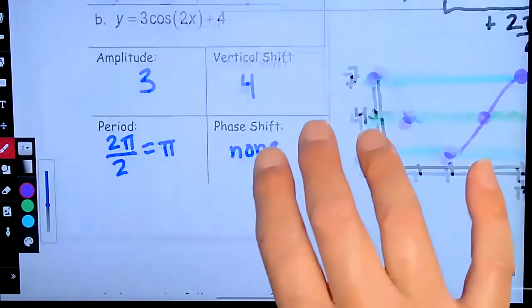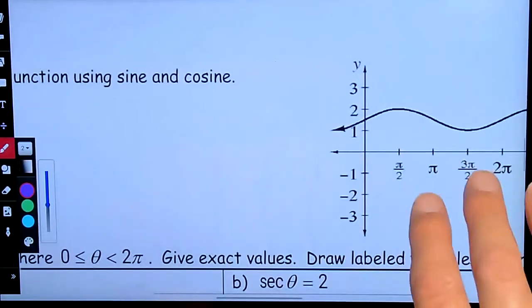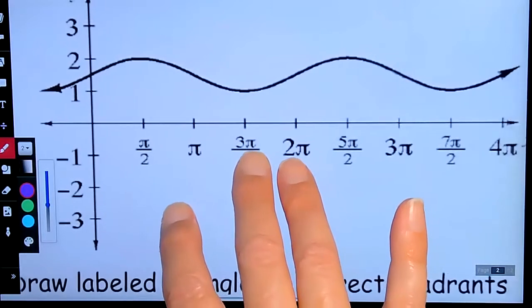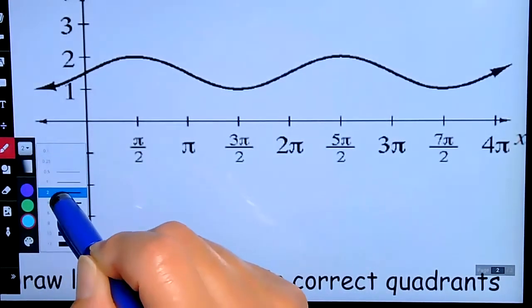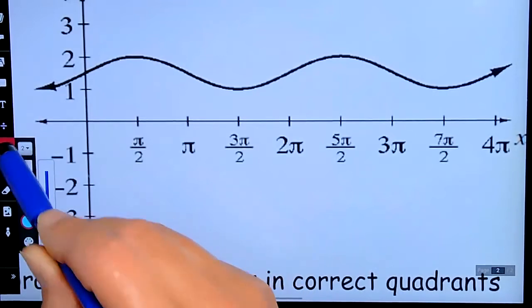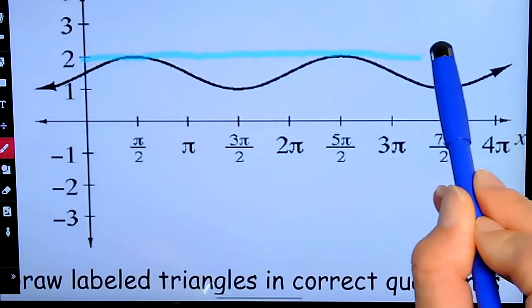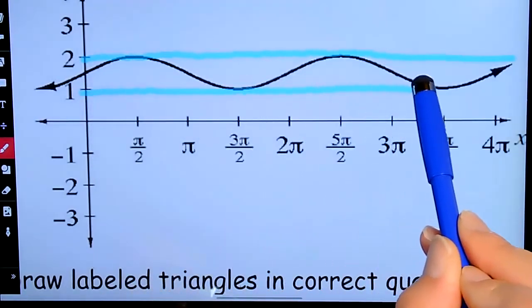Okay, on the next page, they want us to come up with a sine and a cosine graph for this. So first what I'm going to do is draw in my highs. It looks like my highs are at 2. It looks like my lows are at 1.